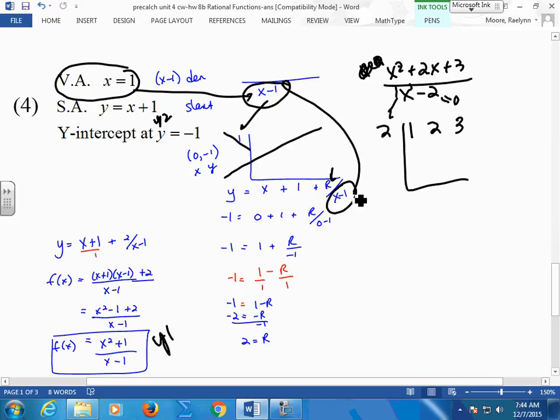So this part up here is irrelevant, but this is the part we need to get to. When you get to this part, you have to have a point to plug in. So we plugged in your 0, negative 1. When you find your remainder, bring it back up to here, and then develop the rest of your formula, your equation.